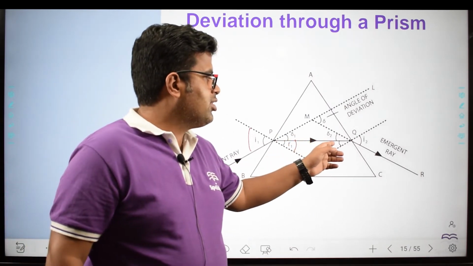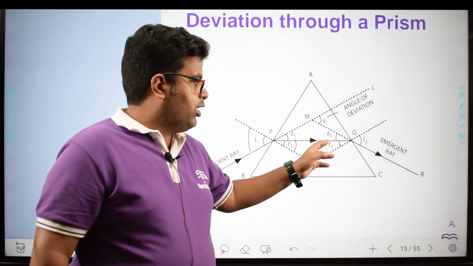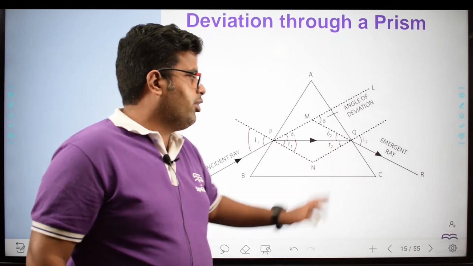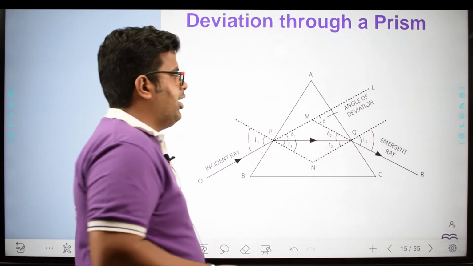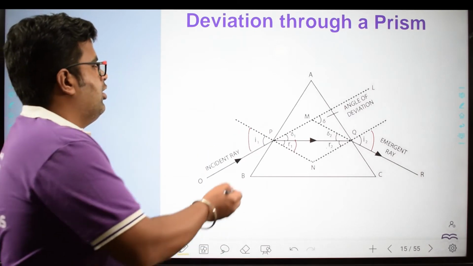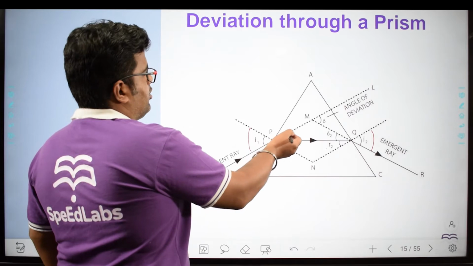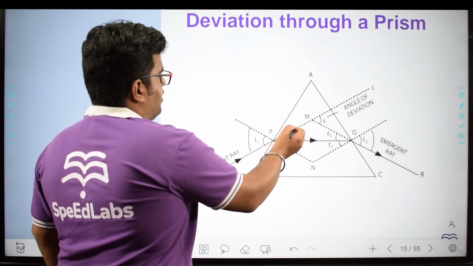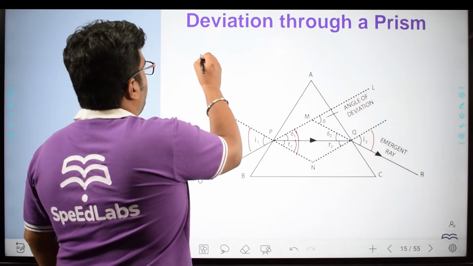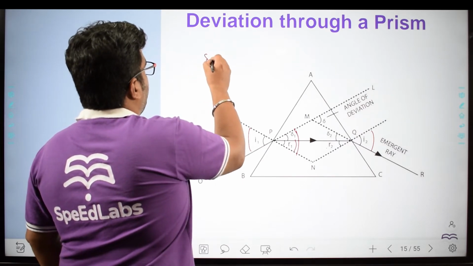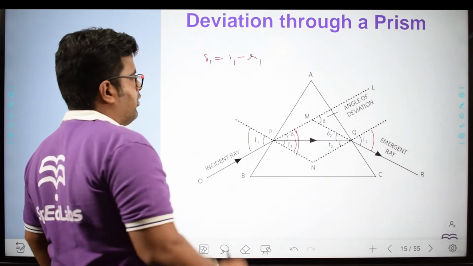Now by the vertically opposite angle, I1 is equal to delta 1 plus R1. So we are going to have delta 1 as I1 minus R1.